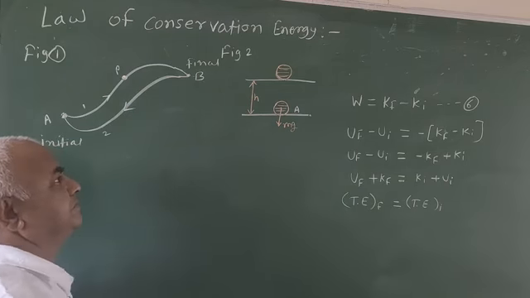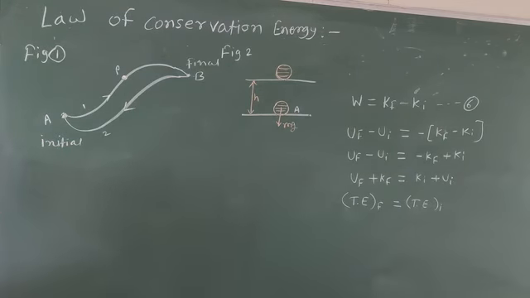To lift that body without acceleration, obviously work must be done on that body, and this work done is equal to the weight of that body, that is mg.